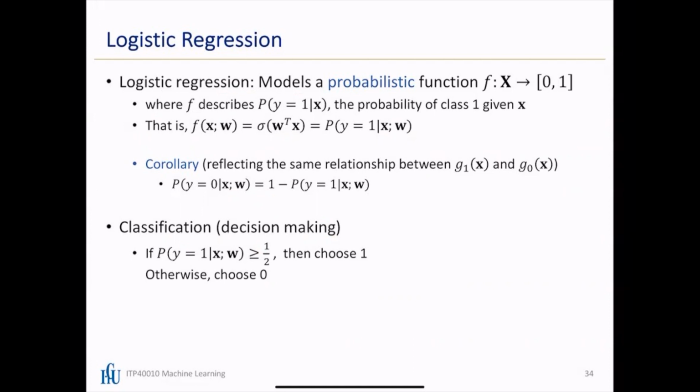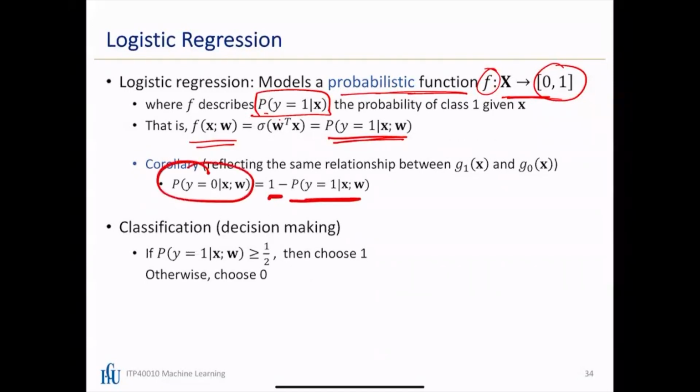Besides what the name represents, logistic regression models the probabilistic function f that comes from x and goes to a value between 1 and 0. So the value is again the probability of the decision. And from now on, we want to build some function that is representing this probability. Since we are modeling the probability of something being 1, 1 minus that probability is the complementary probability.